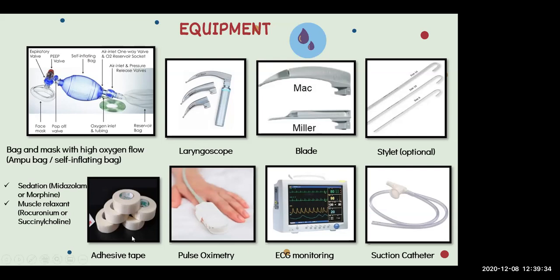Next is adhesive tape, used to secure the position of the tube, pulse oximetry, ECG monitoring, and also a suction catheter. Sedation such as midazolam or morphine is also needed to sedate the patient, and sometimes muscle relaxants such as succinylcholine and rocuronium are needed to ease the intubation.